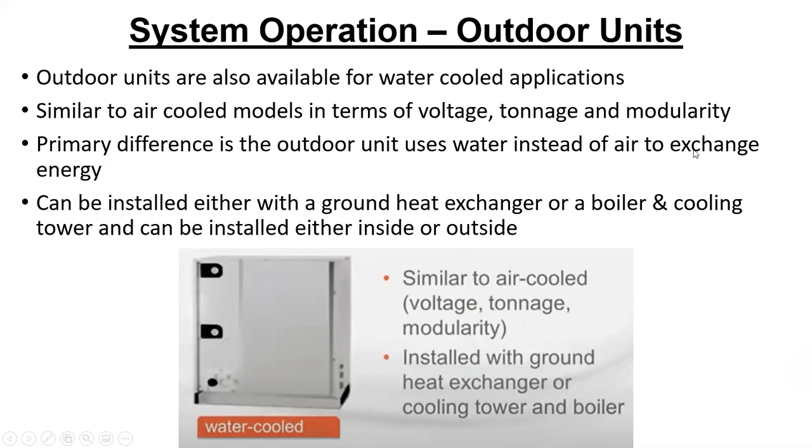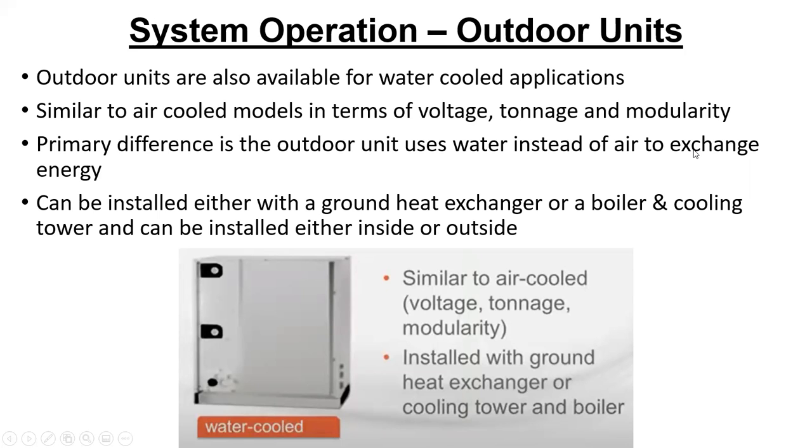Outdoor units are also available for water-cooled applications. Instead of air-cooled condensers, they have water-cooled condensers. You then would have to have a cooling tower, some sort of a cool water source to make that operate. They are similar to air-cooled models in terms of voltage, tonnage, and modularity.